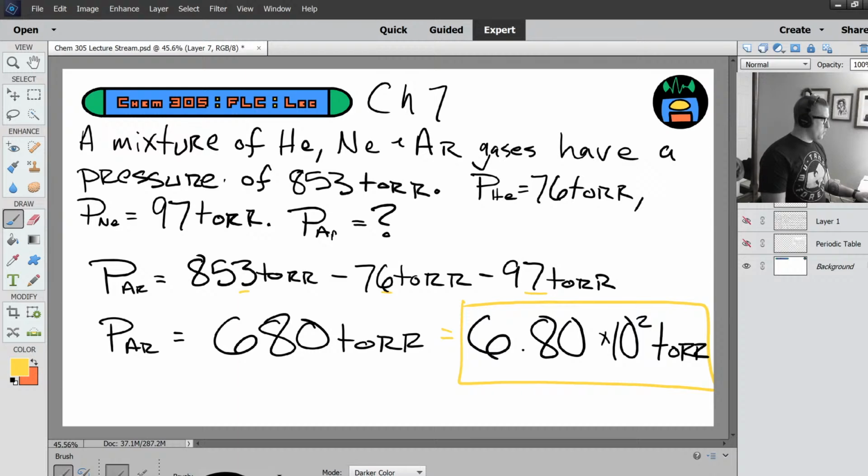Okay, as far as the questions of like, what if we converted to atmospheres? That's 100% dependent on the problem. Whether or not the problem specifies atmospheres or, what's the word I'm looking for? Torr.